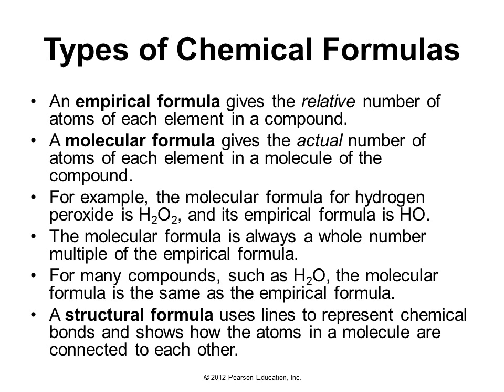But its empirical formula is HO, because it's 1 to 1. The molecular formula is always a whole number multiple of the empirical formula. So you see, if you take the empirical formula here and multiply it by 2, you get the molecular formula. A structural formula is sometimes used in chemistry also, but we're not dealing with that right now.